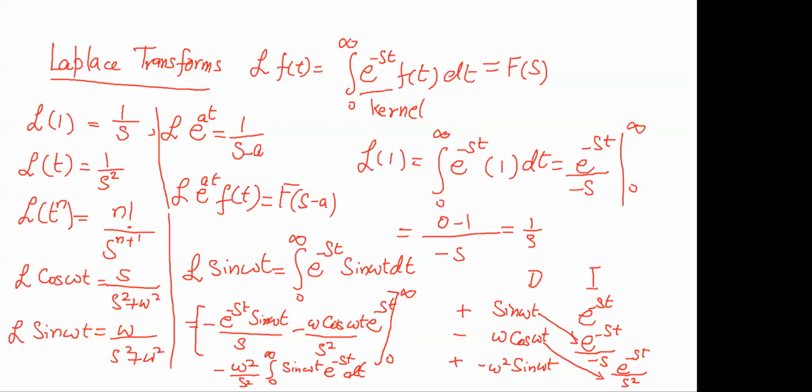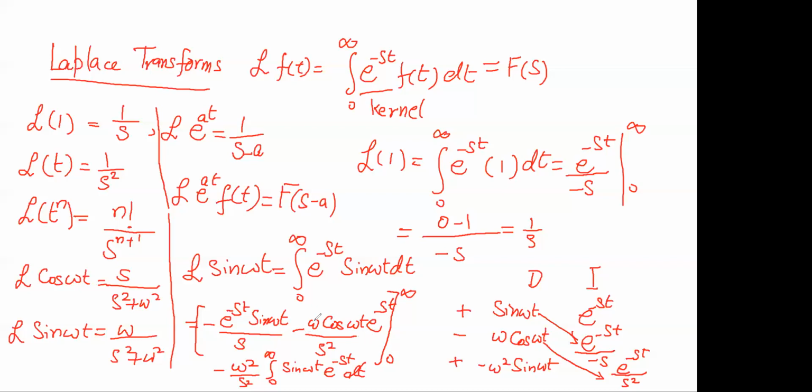Okay, how about this next term? So next term for infinity, it will be 0. And for 0, this term will be equal to, because cosine of 0 is 1, and e power minus st is also 1, it will be minus and then is plus.